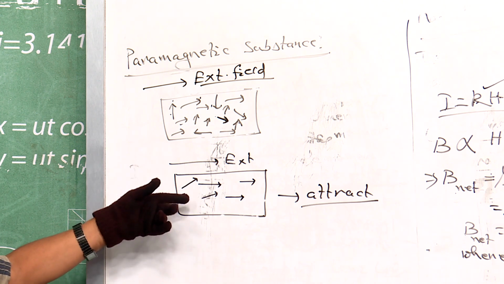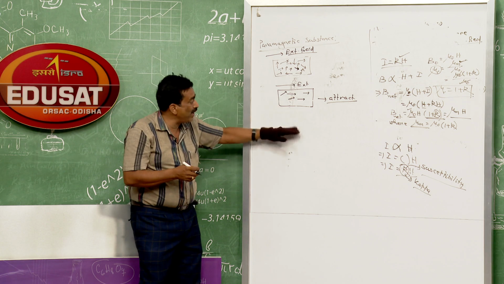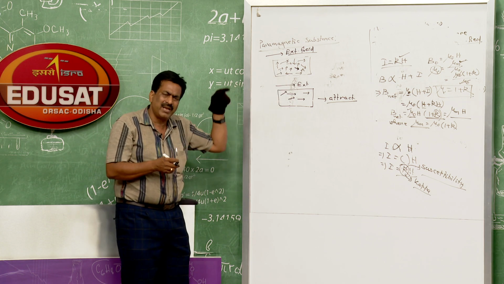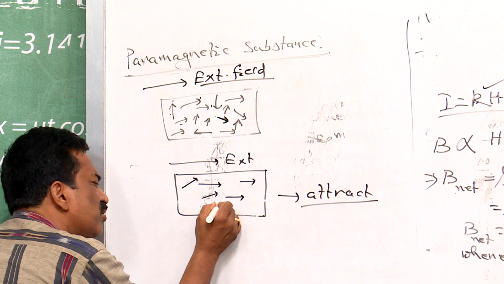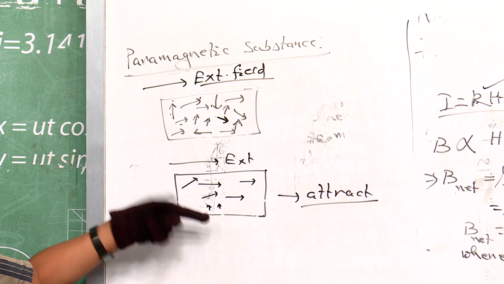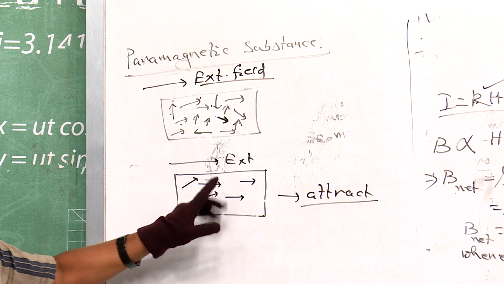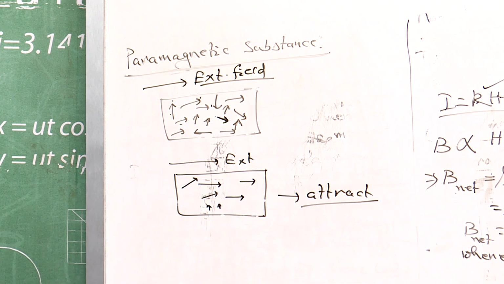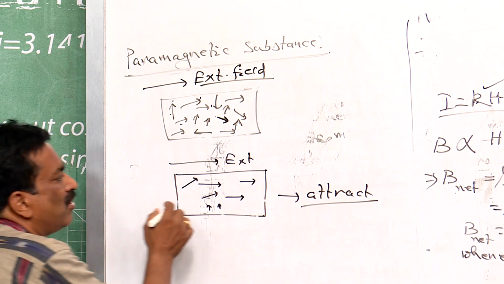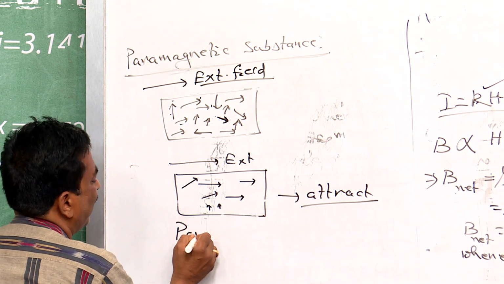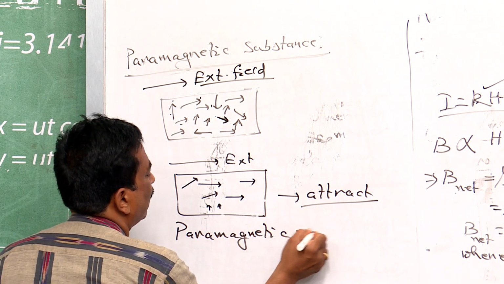But for the diamagnetic, what happened? There is no dipole moment inside the substance. When some external field is applied, some induced effect is there, but that induced effect is very, very negligible. So this total effect will be considered as attracting. So for the paramagnetic, it will attract.